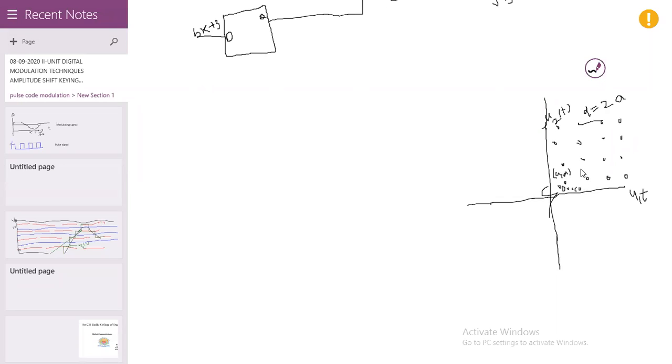This is 3a comma a. This is 5a comma a. This is 7a comma a, like this. The distance between adjacent symbols is 2a.